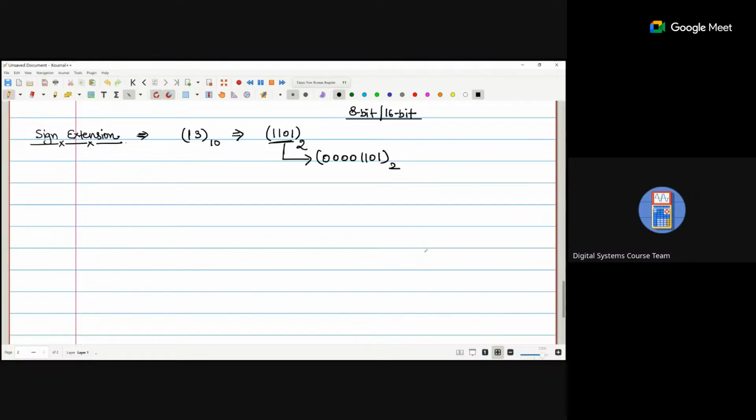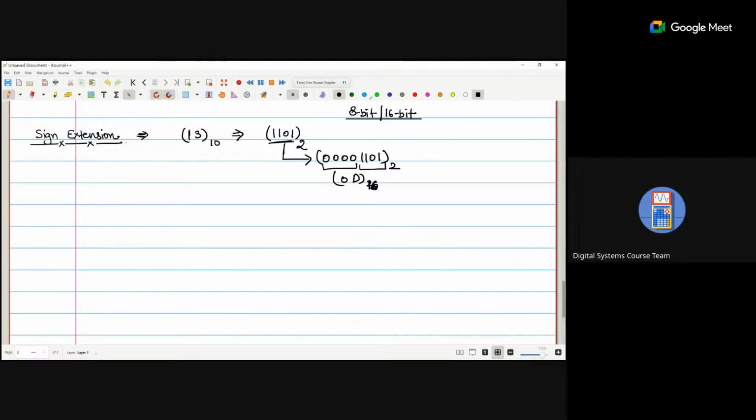Now you convert this data into hexadecimal code and use that hexadecimal code in the processor, or you can use the binary data also. So generally 0D is your data, in 16-bit as well.